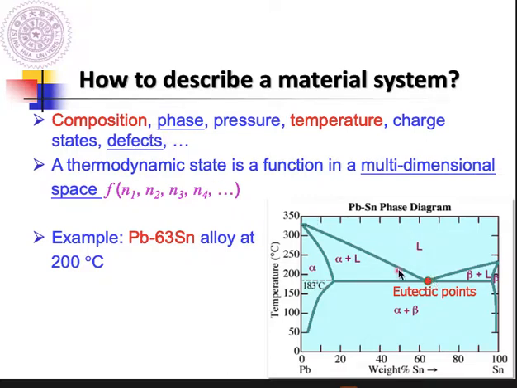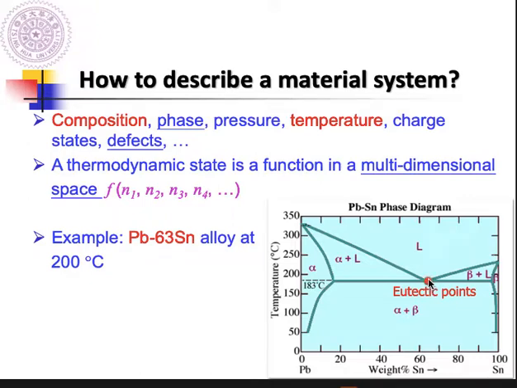And the phase here: three different phases coexist at this point, including the liquid phase, alpha phase, and beta phase. Alpha phase is the lead-rich phase, and the beta phase is the tin-rich phase. So at this point, three different phases coexist. So actually, I use all the parameters to try to describe this state in our materials.